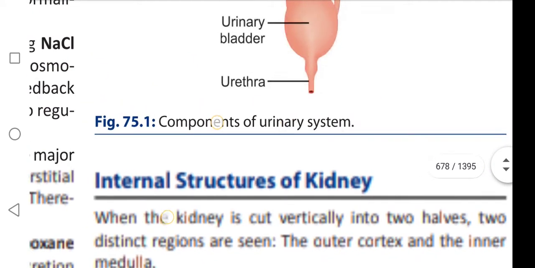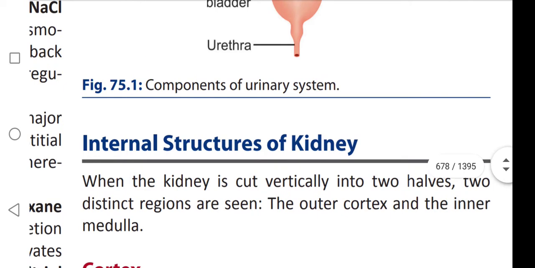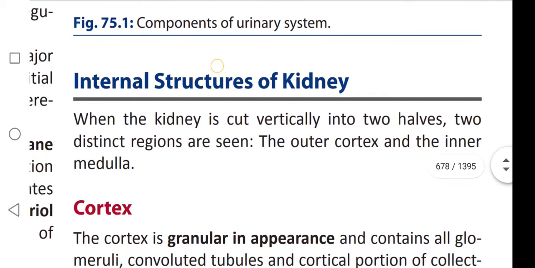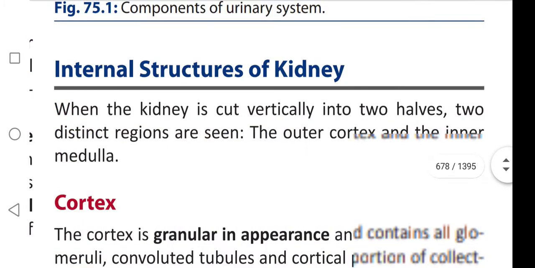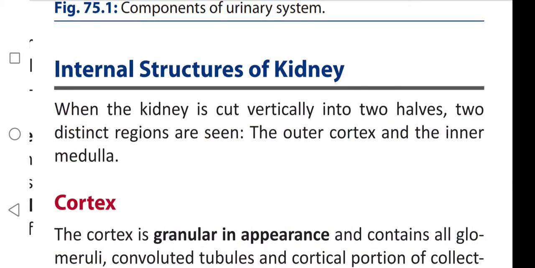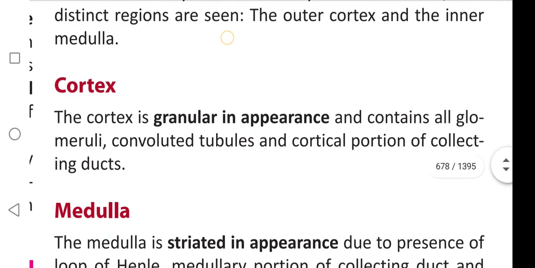And next we are going to learn about the internal structures of the kidney. When the kidney is cut vertically into two halves, two distinct regions are seen, that is the outer cortex and the inner medulla. We are going to learn about the cortex.